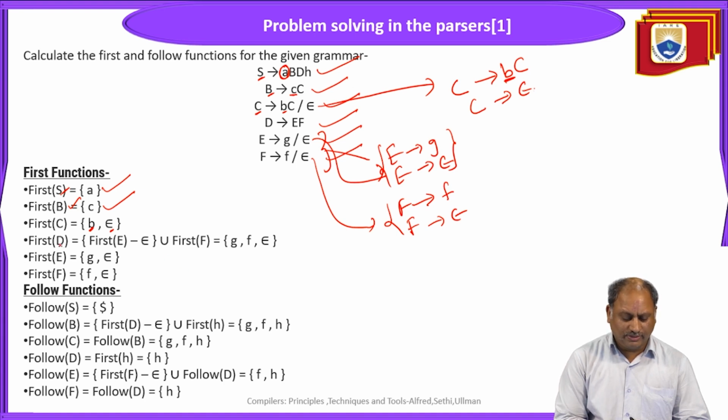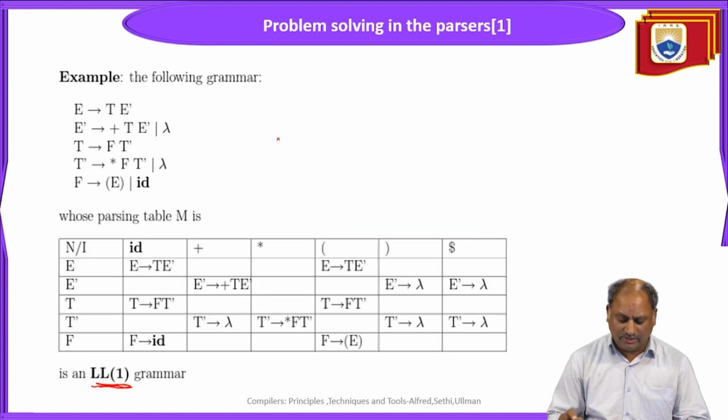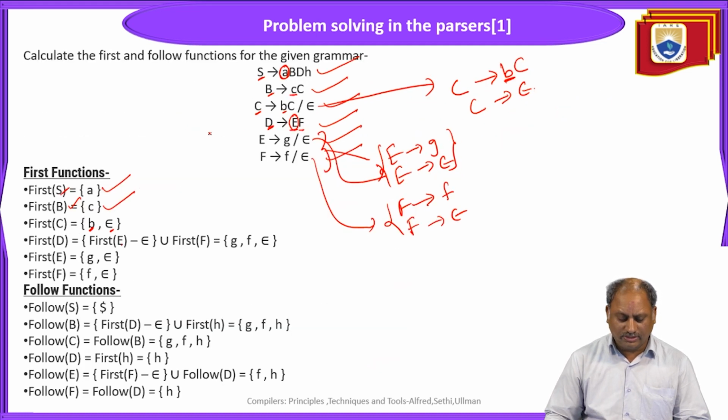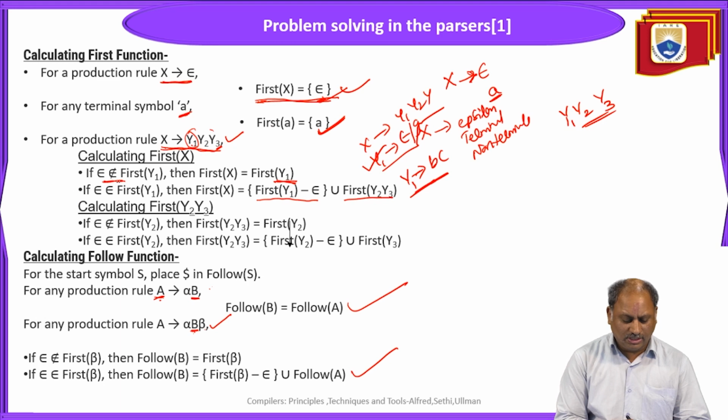And whereas here first of D. If you consider the first of D in this production, what are the symbols that are available? Capital E is one non-terminal, and F is one non-terminal. So we have to verify whether first of E contains epsilon or not. In the earlier example, X, Y1, Y2, Y3: if Y2 does not contain epsilon, then we directly implement first.